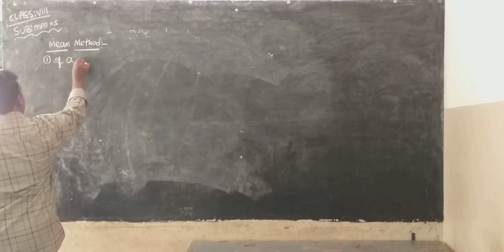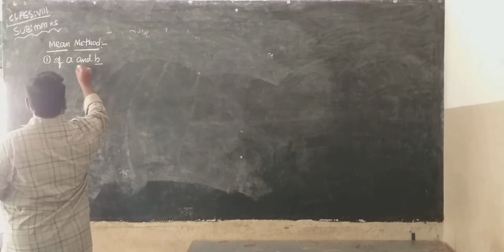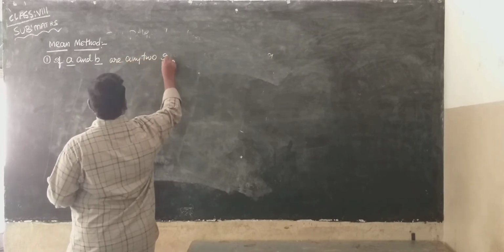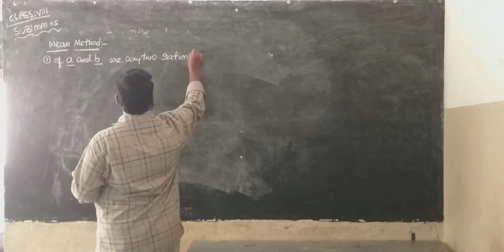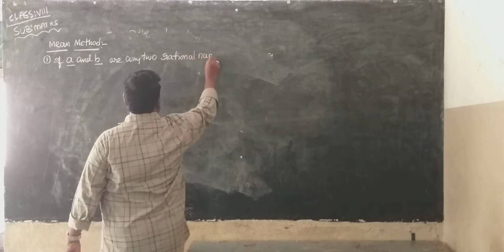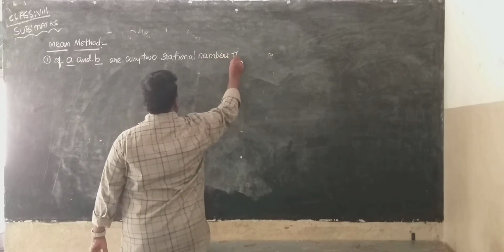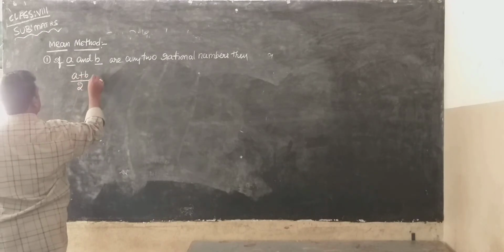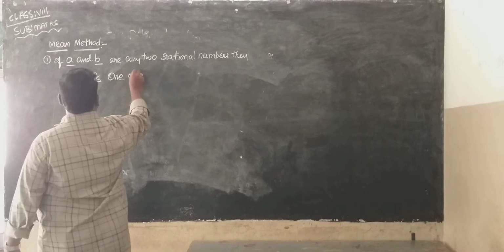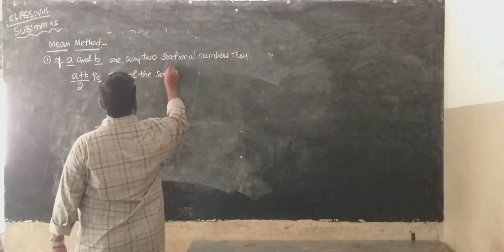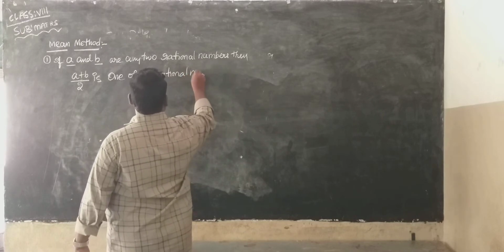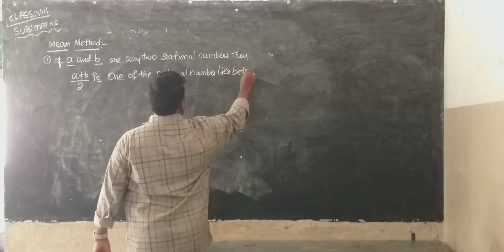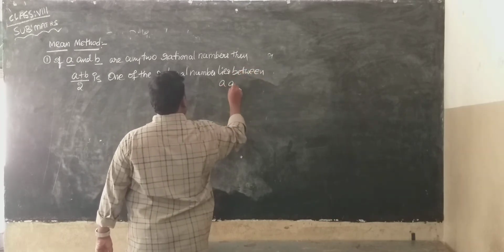If A and B are any two rational numbers, then A plus B by 2 is one of the rational numbers that lies between A and B.